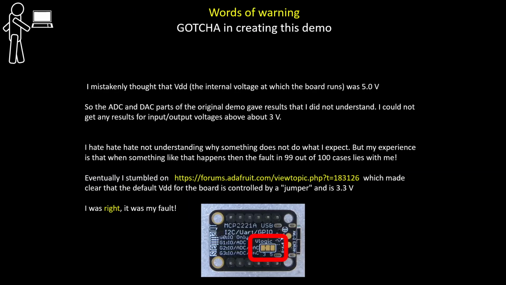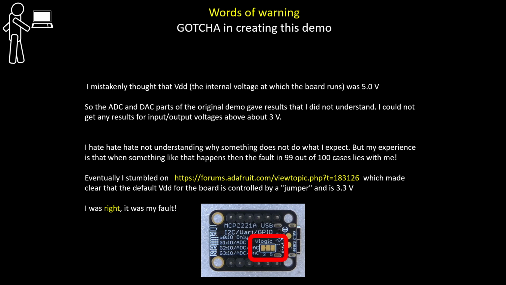I did say that there was a slight issue on what voltage this board runs at. I spent a long time expecting the digital output to go up to about 5 volts and that it would, the potentiometer providing the analog input could also give up to about 5 volts. No, the board as it is pre-programmed so that the internal working voltage, the VDD, is 3.3 volts.